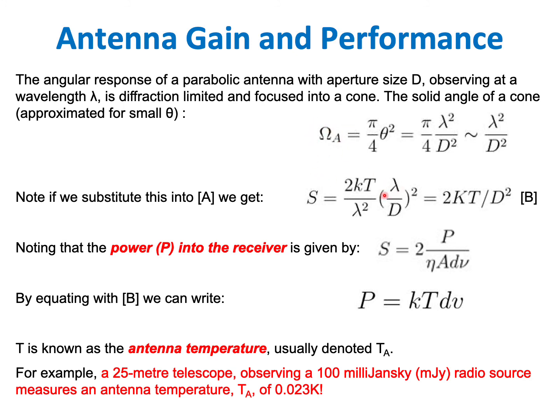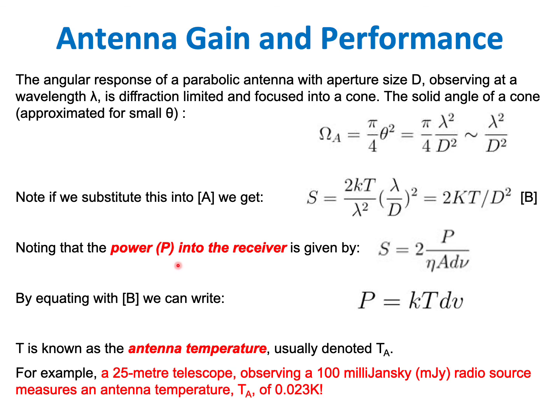If we plug that in, we see flux density is 2k, Boltzmann's constant, T over lambda squared, and omega A here is lambda squared over d squared. So the lambdas cancel out, and we just get that our flux density is 2kT over d squared. So here our flux density no longer has a wavelength dependence, which is good.